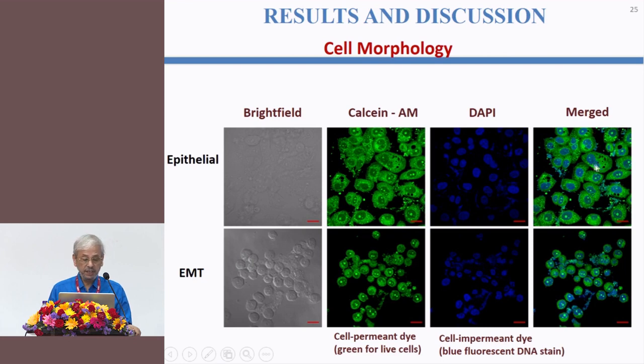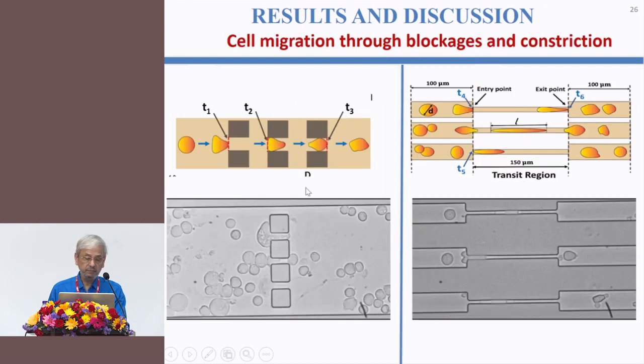And you can quite convincingly understand the morphology of epithelial cells and EMT cells. EMT cells are smaller and round cells, and you can see the total cell here, how they really look.